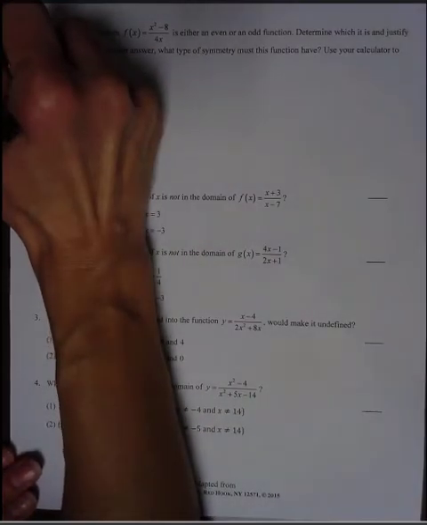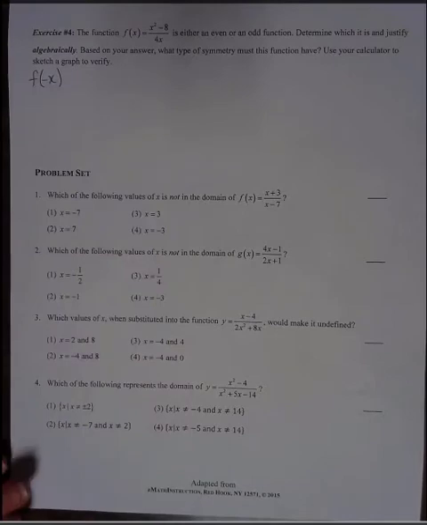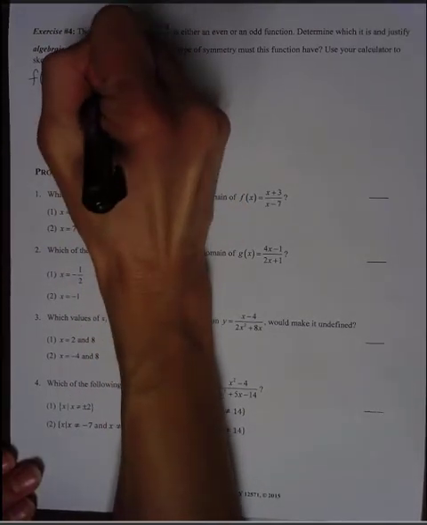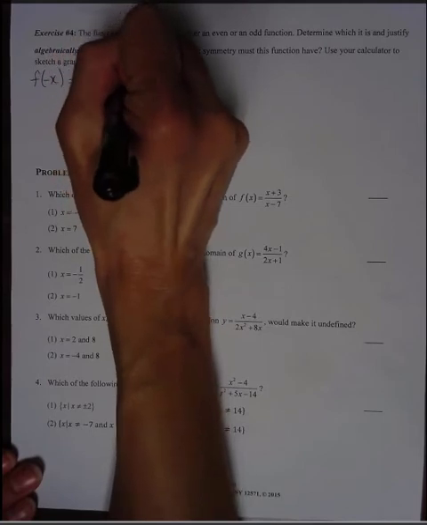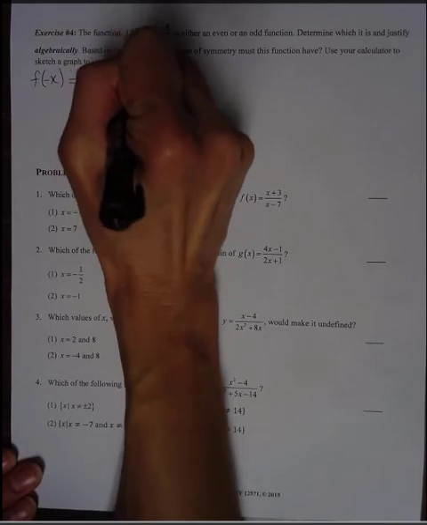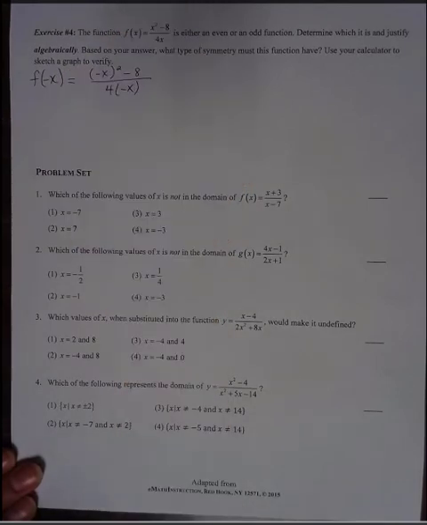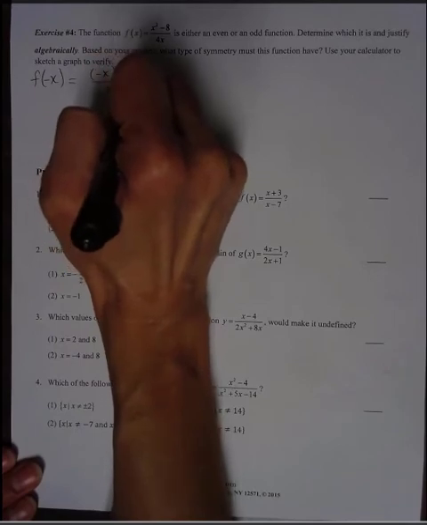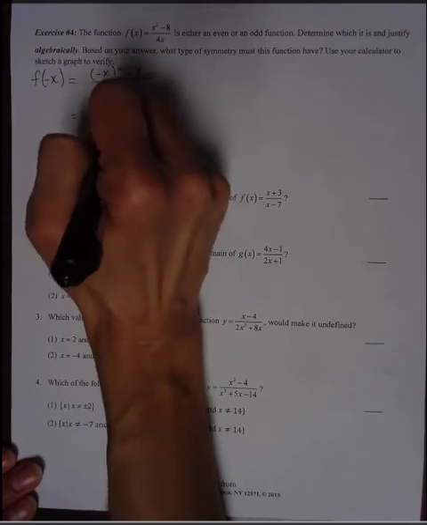So just a reminder, in order to show even or odd, we have to evaluate f of -x. Okay, so if we evaluate f of -x, we have -x, the quantity squared, minus 8, over 4 times -x. Okay, so that means we have in the numerator x squared minus 8 over -4x.